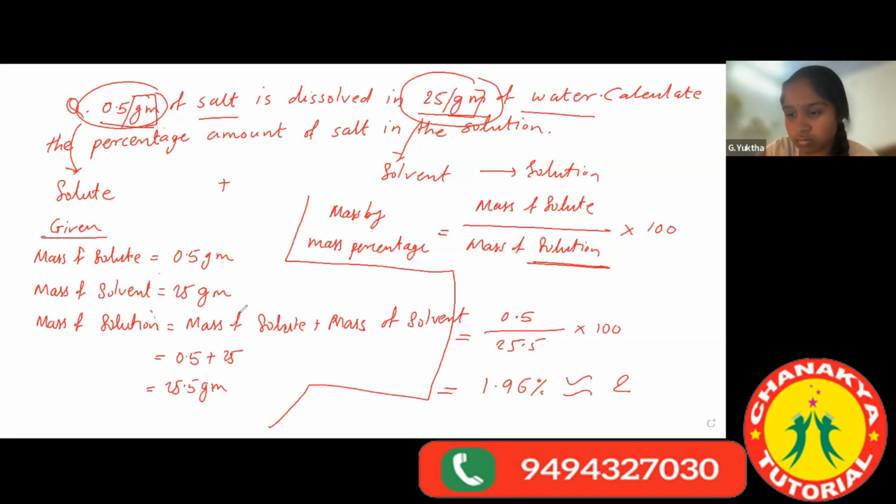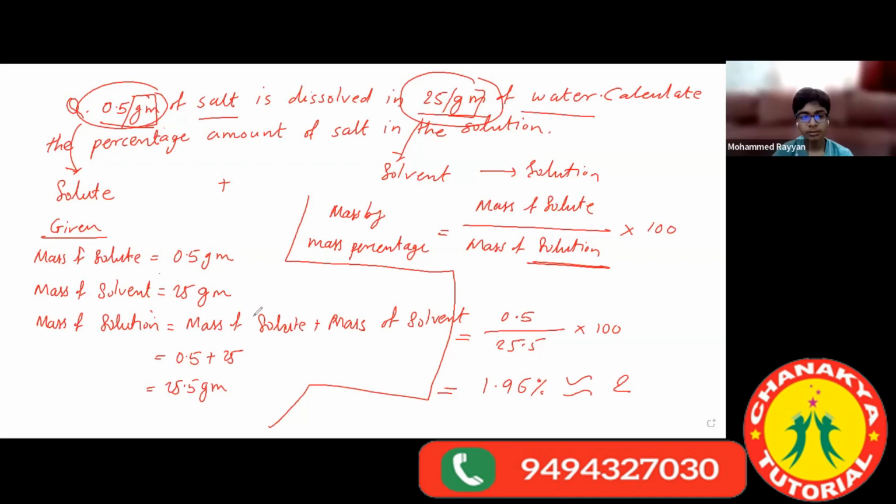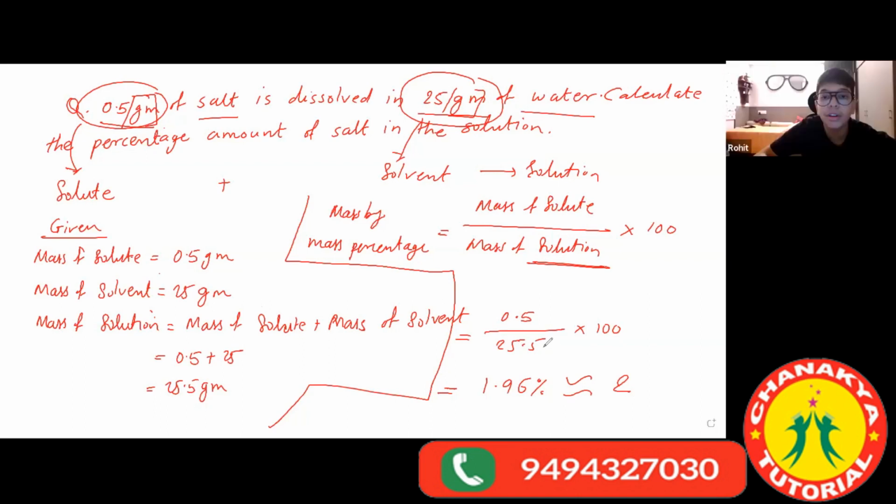Do I need to show how to calculate this, the addition, division, multiplication, or can you do it by yourself? Because you're grade 9 children, I hope you're able to do it. If I'm supposed to show, I won't mind. Hundred into 0.5 is equal to what? 50. 50 divided by 25.5, right?